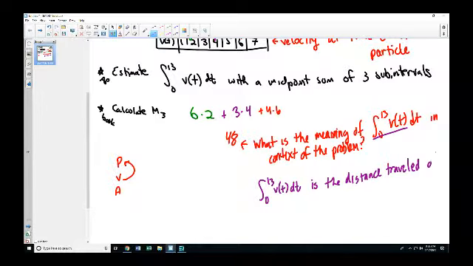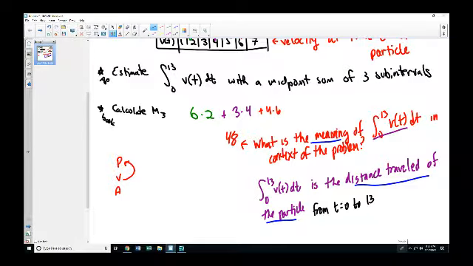This is kind of clunky writing. The distance traveled of the particle, meaning, right? So it's the distance traveled of the particle from t equals 0 to 13. Because you have to interpret.